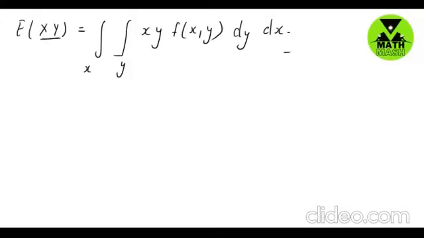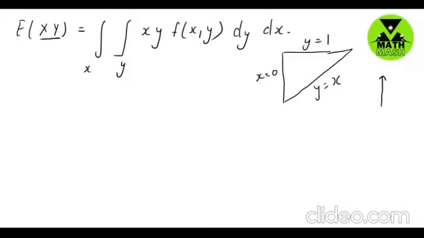So I'm again sketching the region where the function is defined. This is y equals 1, this is y equals x, and this is x equals 0. If we are integrating with respect to y first, we need to move from bottom to top.